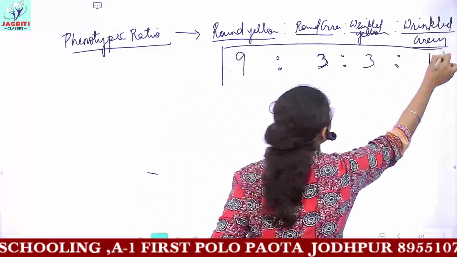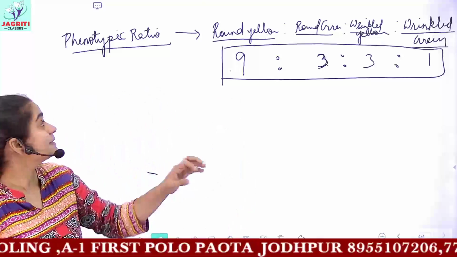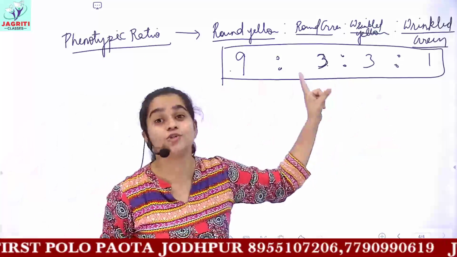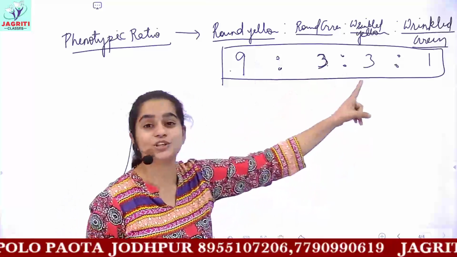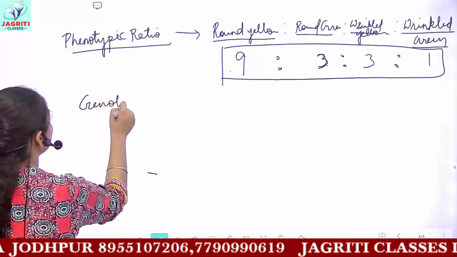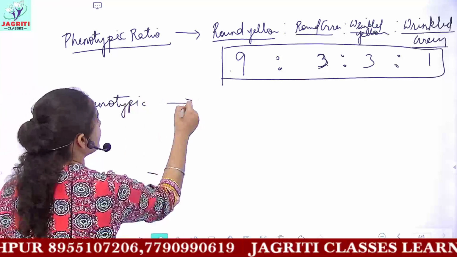So this 9:3:3:1 is the constant phenotypic ratio. It is a fixed ratio, you should learn it. 9:3:3:1 for dihybrid cross.